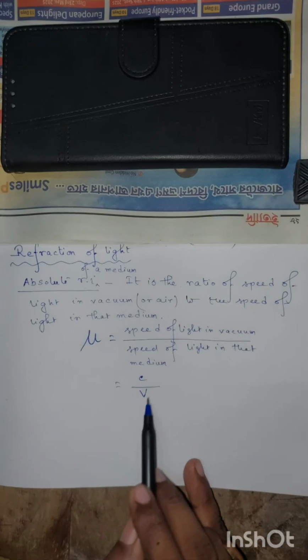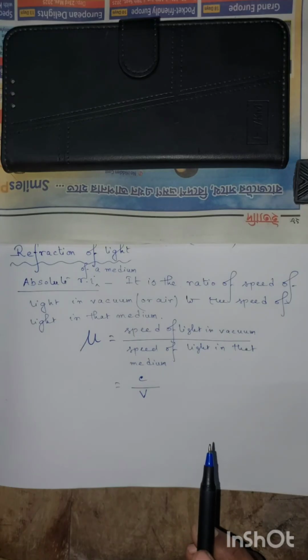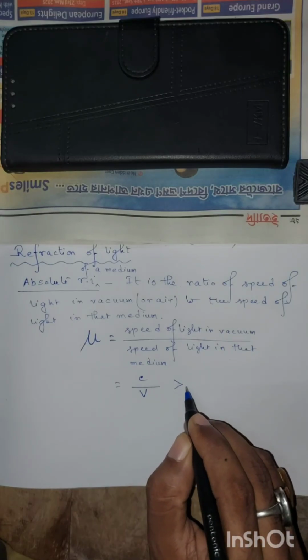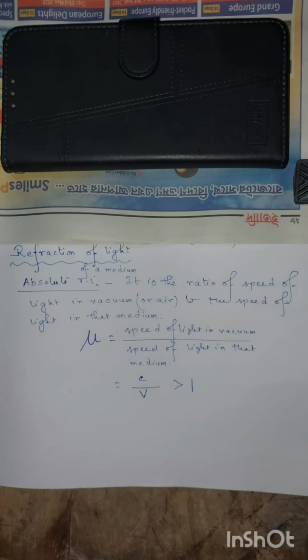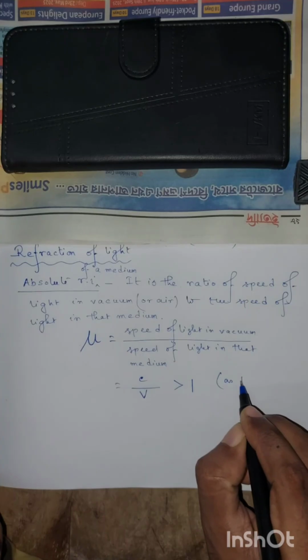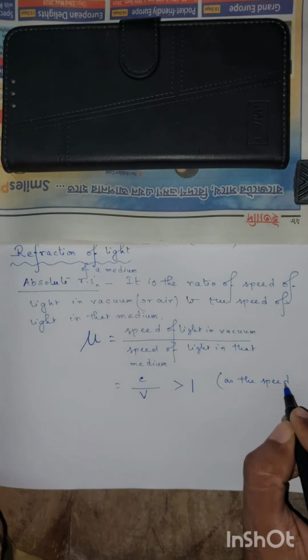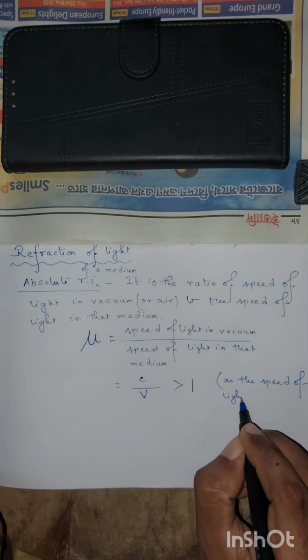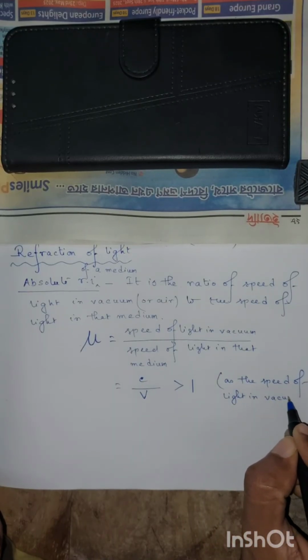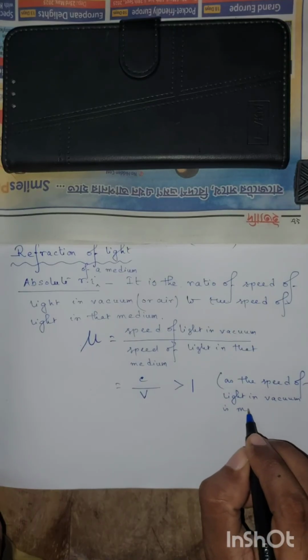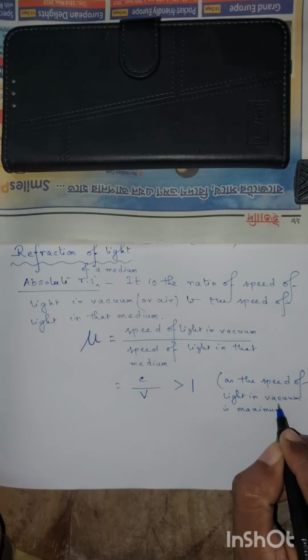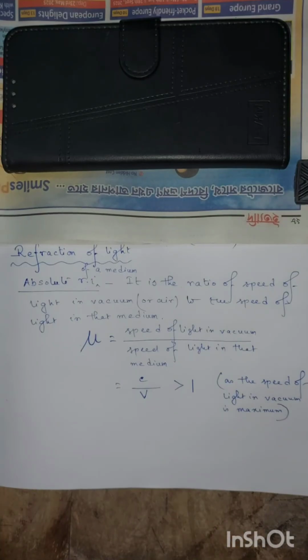So this ratio is always greater than 1, as the speed of light in vacuum is maximum. So it cannot be less than 1.